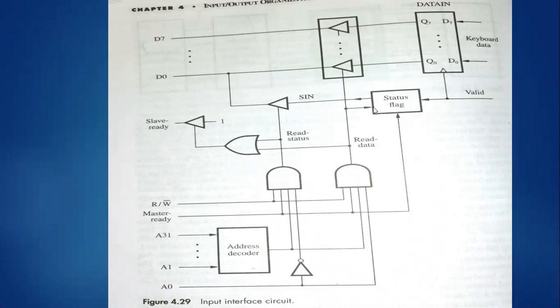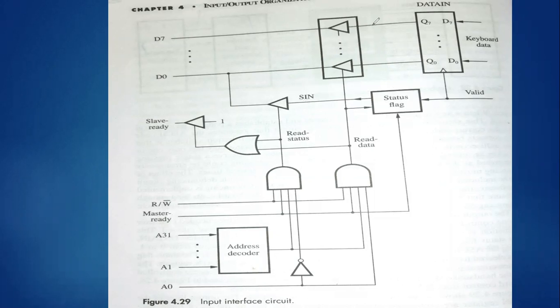This is what I told you: we have a dedicated circuit for generating the SIN. Internally we have a flip flop and a latch kind of circuit, which I will explain in the next slide. So we have a status flag. Who is responsible for generating the SIN?